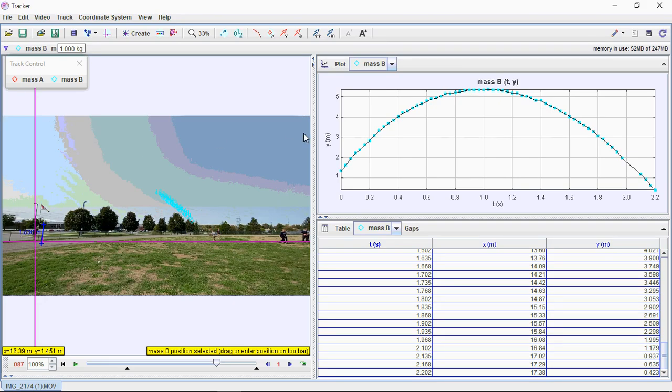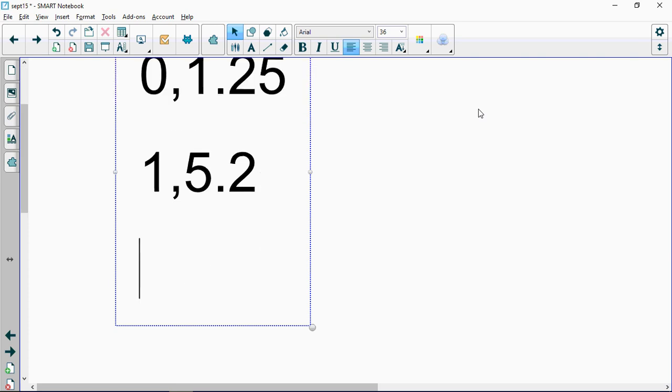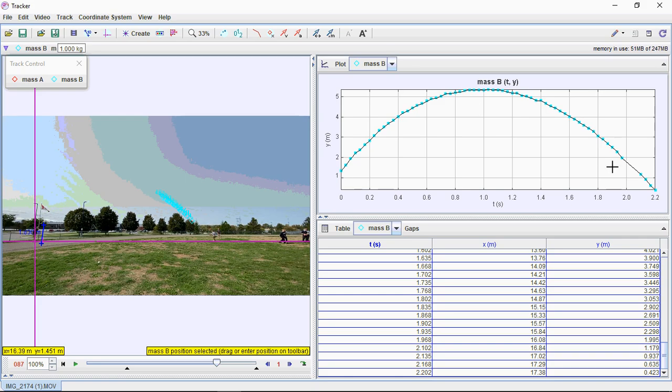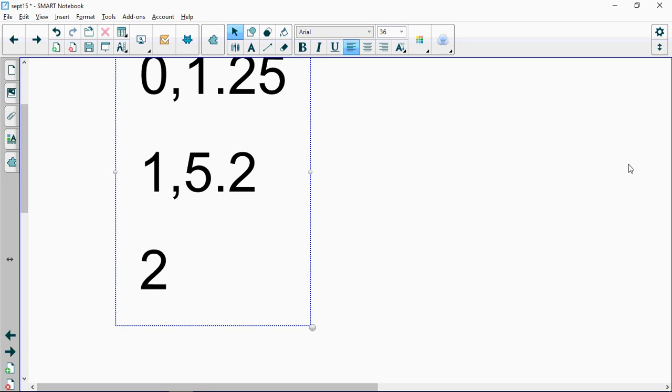And then later on, at 1 second, the ball looks to be approximately 5.2 meters above the ground. So we've got the point (1, 5.2). And then finally, at time 2 seconds, the ball is about 1.8 meters off the ground. So my final point is (2, 1.8).